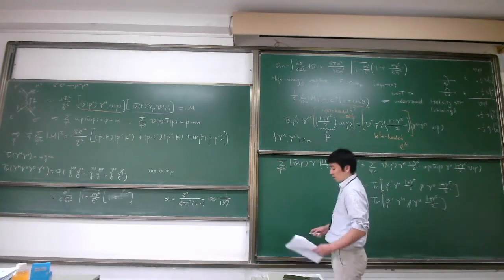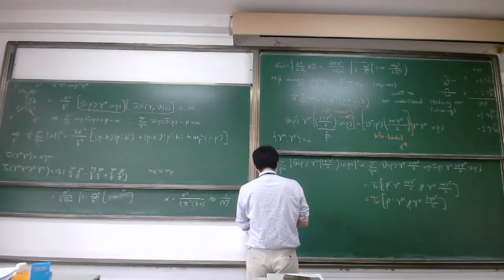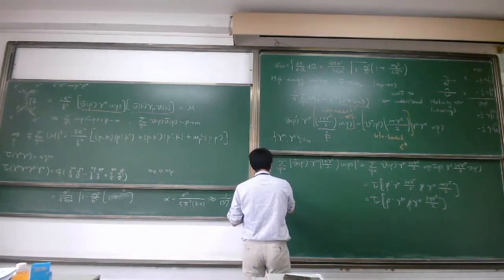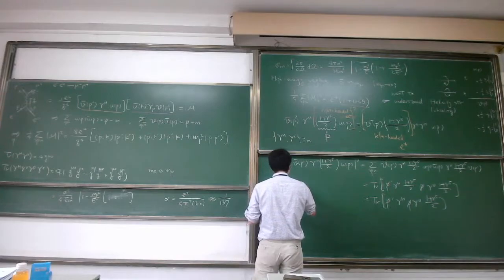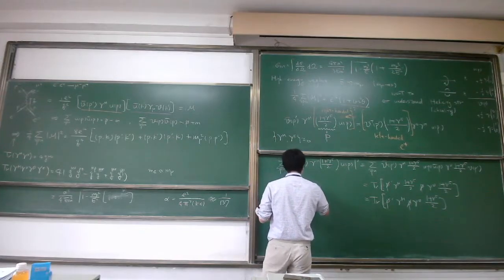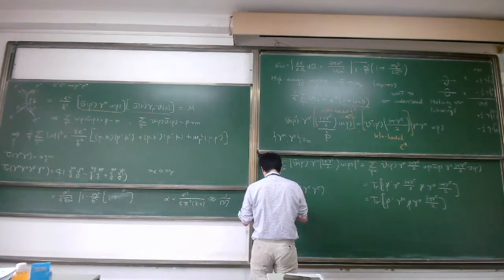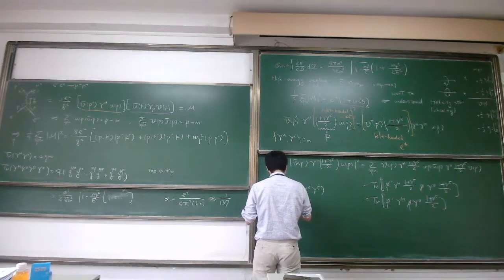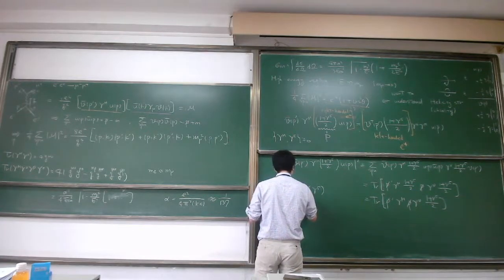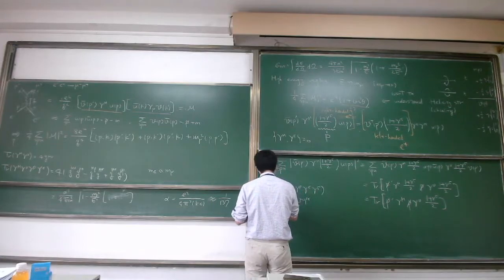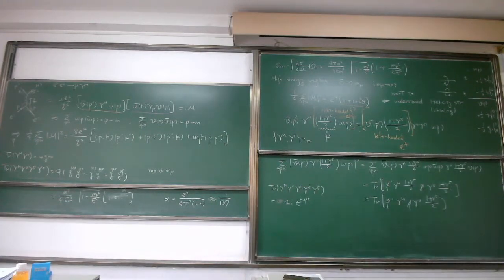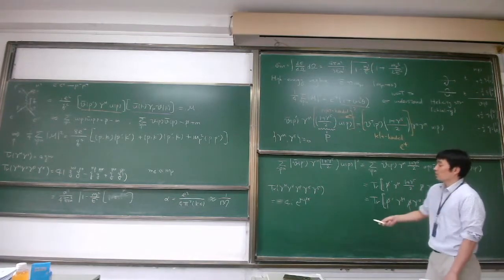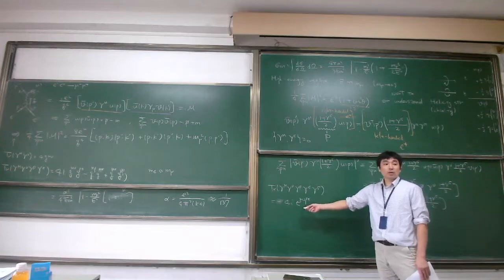And then we recall this relation. If you insert gamma 5, you get the epsilon tensor.